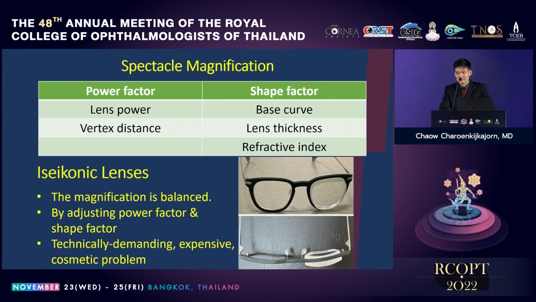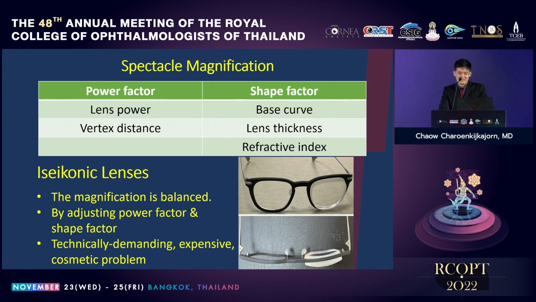This option can be considered in patients who cannot tolerate contact lens, like older people or people with hygiene problems in taking care of contact lens. So we adjust all these 5 factors to make a lens where the image sizes are balanced between the 2 eyes.